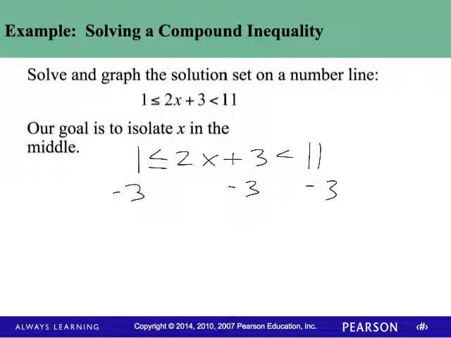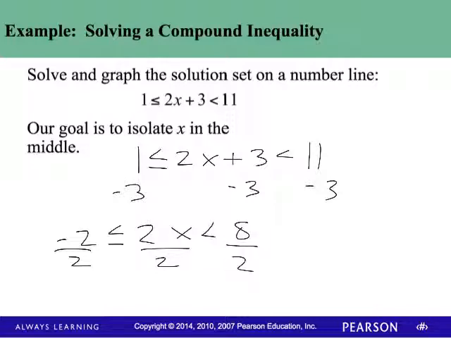And 1 minus 3 will leave us -2 is less than or equal to 2x is less than 11 minus 3 will leave 8. Okay. And now to finish getting x by itself, we'll divide everywhere by 2. And that'll leave us with -1 is less than or equal to x is strictly less than 4.